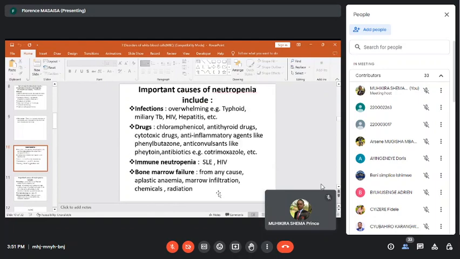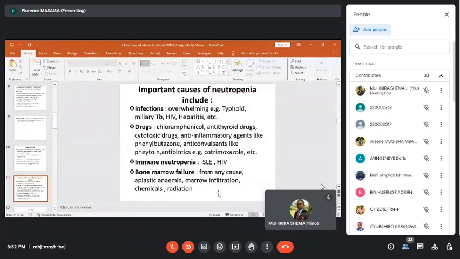Causes of neutropenia include infection, especially HIV, TB, miliary TB, typhoid fever. We have also medication like chloramphenicol and some anti-inflammatory agents and so on. We have immune causes like systemic lupus erythematosus, HIV, but you may also have any cause of aplastic anemia, malnourishment and so on.